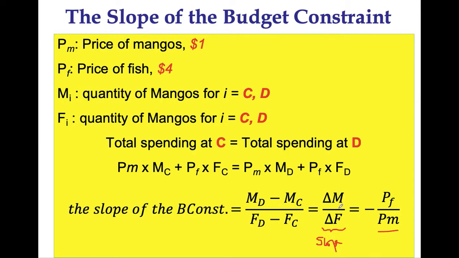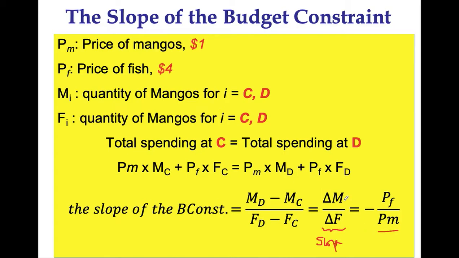So the slope, I repeat, is delta M over delta F, the change in quantities of mangoes over the change in the quantity of fish, which is equal to minus the price of fish over the price of mangoes.